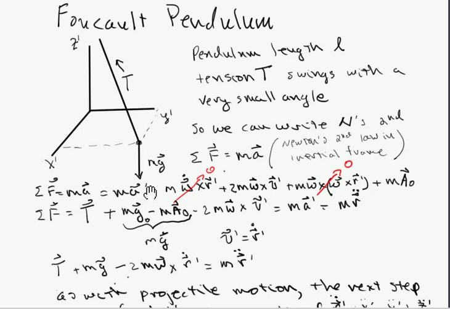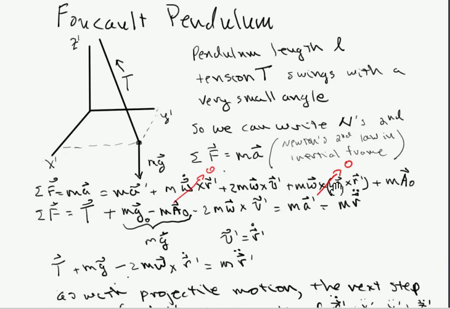m a prime is the acceleration in the rotating frame. m omega dot cross r prime is the transverse acceleration, and since our omega is constant, this term is 0. Here's the Coriolis term, 2m omega cross v prime. The next term is the centripetal term, which, when you're doing a fixed axis attached to the Earth, is usually neglected because omega is small and this has an omega squared in it.